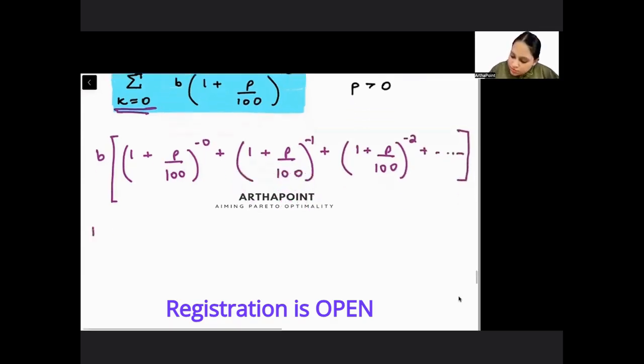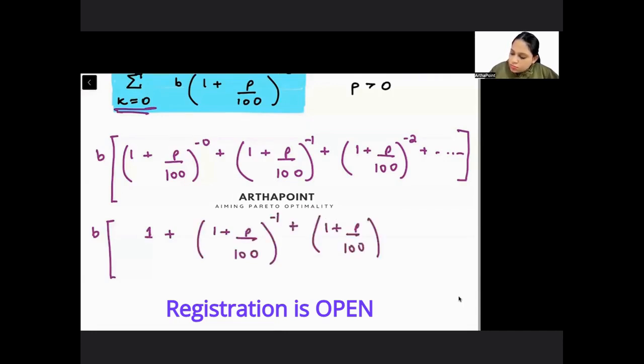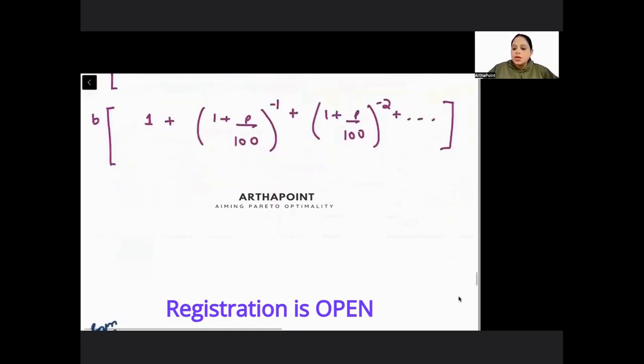So what will you get? Beta, anything to the power 0 is 1. This. Okay. Now suppose I go ahead and I take R common ratio as this.